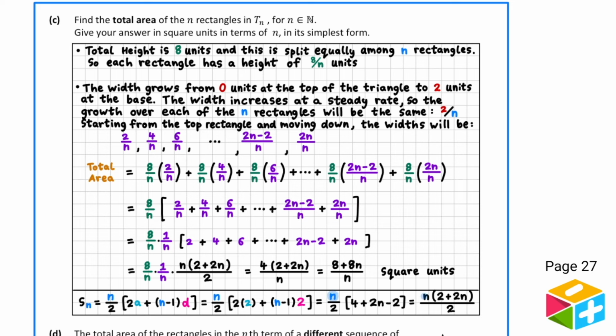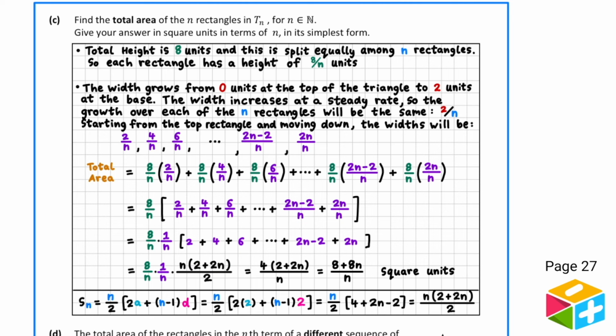The n will appear above the line, and the 2 will appear below the line. I've also simplified the 4 minus 2 to 2. So, we found the sum of the terms in the square brackets. It's n times 2 plus 2n all over 2.